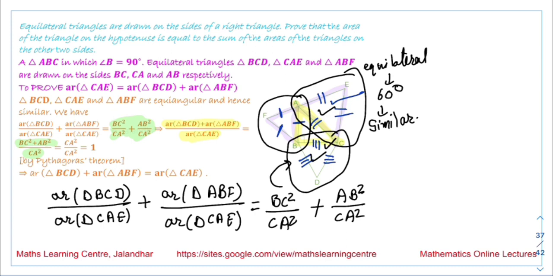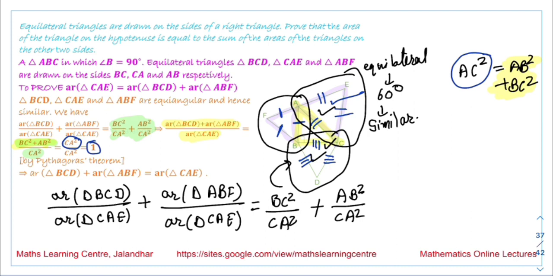Now as the given triangle is a right angle triangle, we have AC square equal to AB square plus BC square. And what is the value of AB square plus BC square? It is AC square. So the final answer you will get is equal to 1.